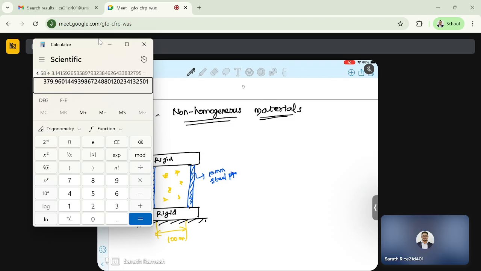Now, what else is given? Young's modulus of concrete is 30 gigapascal and Young's modulus of steel is 200 gigapascal.